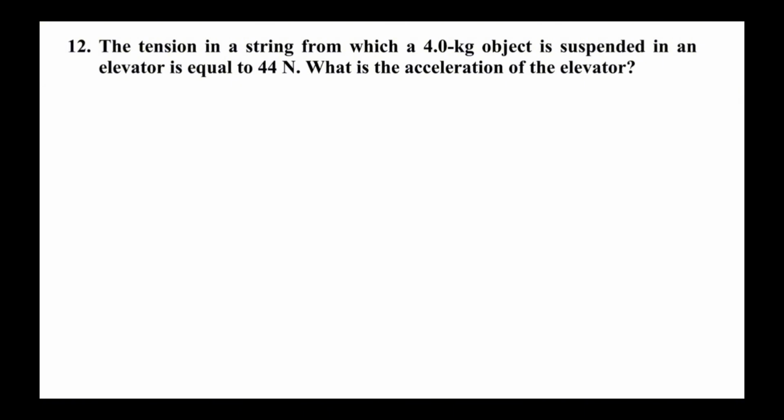The tension in a string from which a 4-kilogram object is suspended in an elevator is equal to 44 newtons. What is the acceleration of the elevator? Now in this case, the sum of all forces on y equals ma, and in this case tension minus mg equals ma, or 44 minus 4 times g, in this case 10, equals 4a.